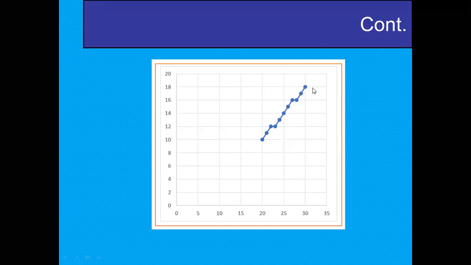How will you get this line? With the help of the points which are already stored by you in the table. With the help of all those points, finally you have to draw the line on the graph paper.